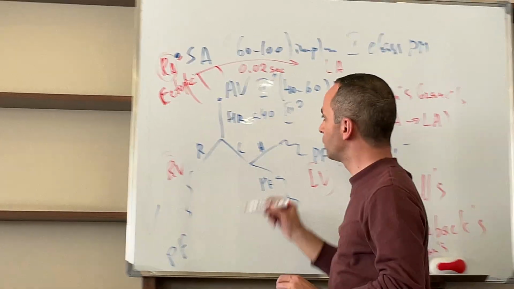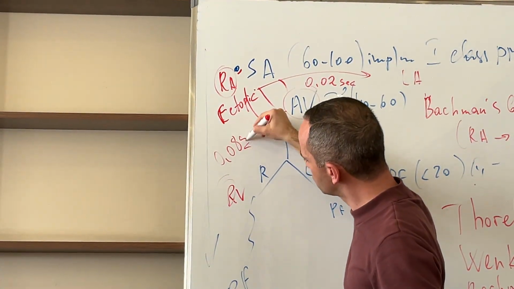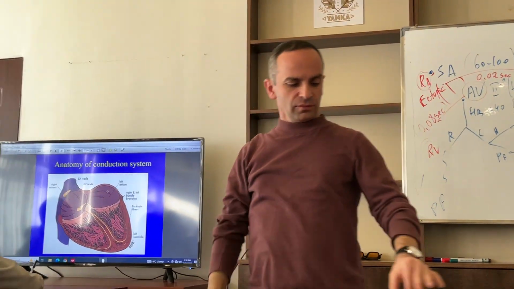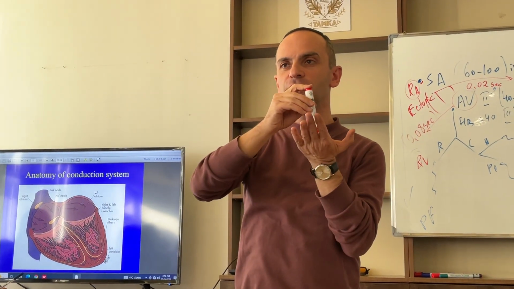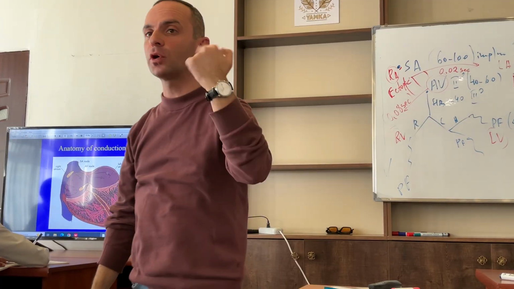When reaching the AV node, we have a physiological delay of 0.08 seconds. The impulse comes to the AV node, is stopped here for a while, then goes further. Why? It allows the atria to depolarize and contract first, then the ventricles.